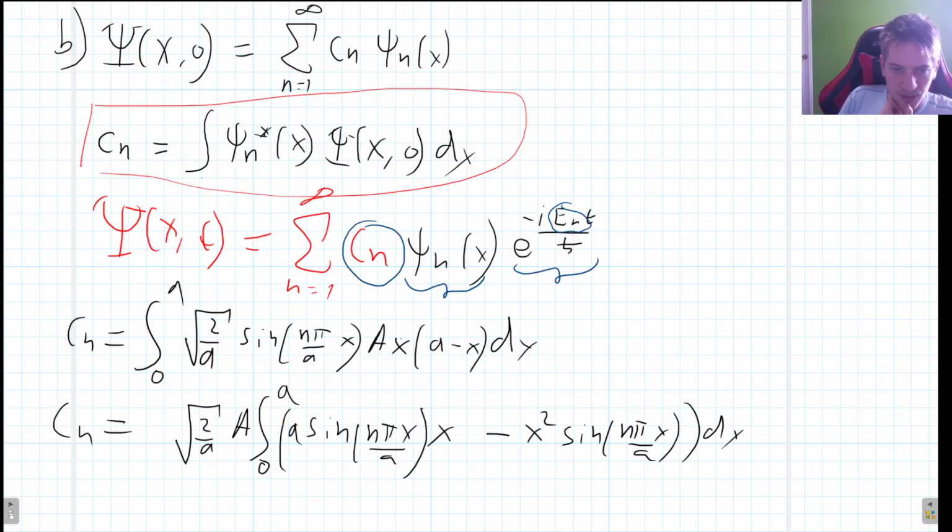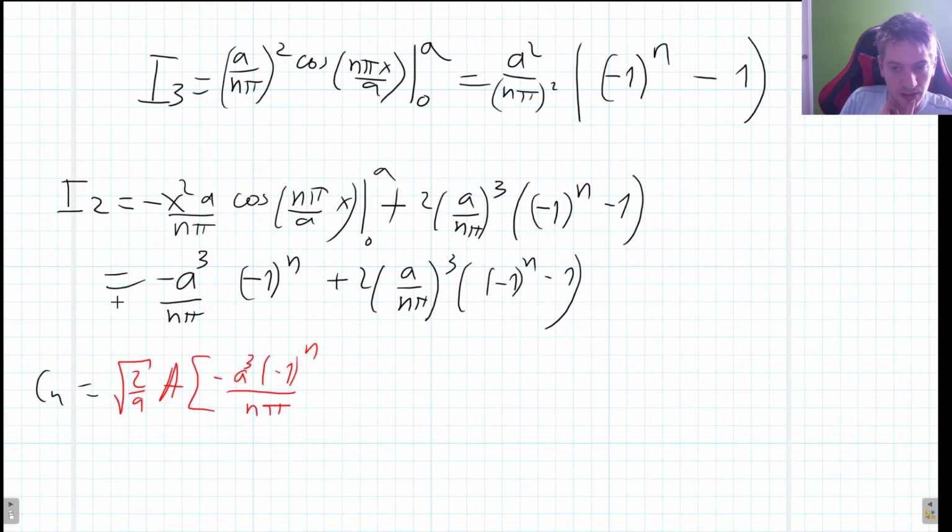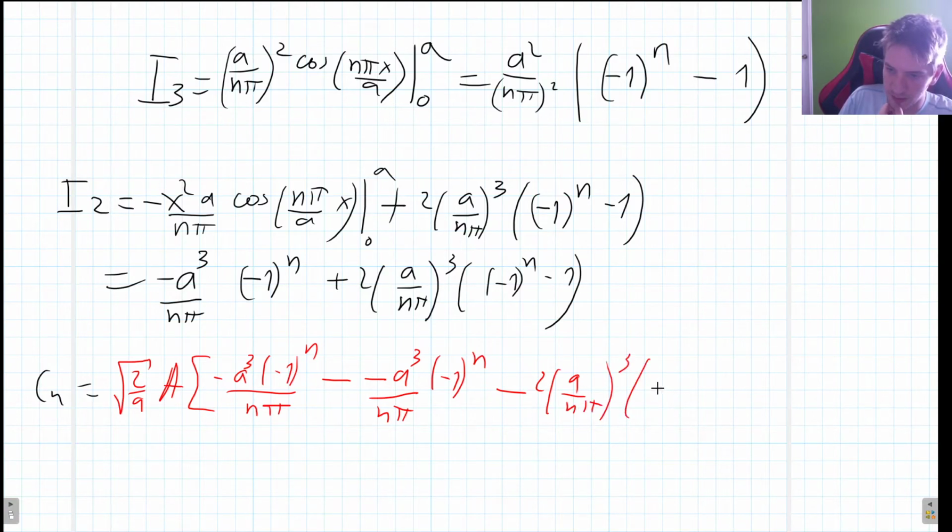Was there a minus sign between these? I just want to double check that. Yes, there is a minus sign right here, which we also did not consider when we defined I2. So we have to put it here now. So we get minus what we had here. So we have minus a cubed divided by n pi minus 1 to the nth power minus 2a divided by n pi cubed times minus 1 to the nth power minus 1.